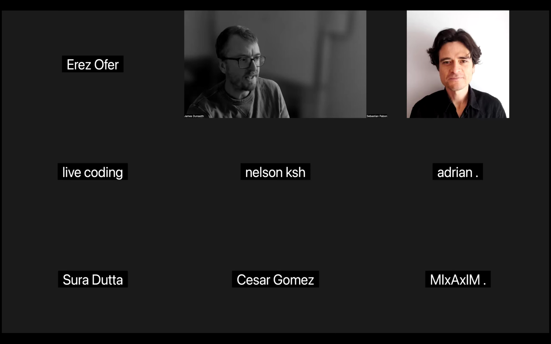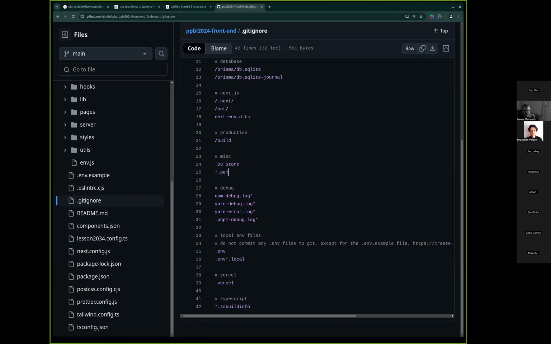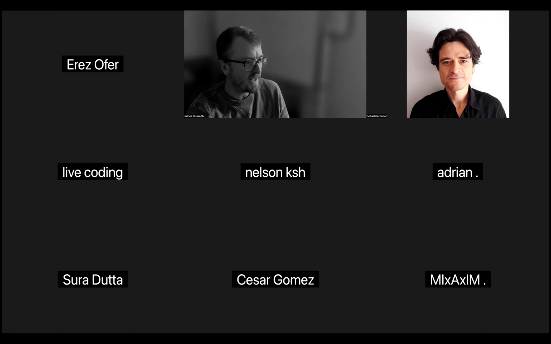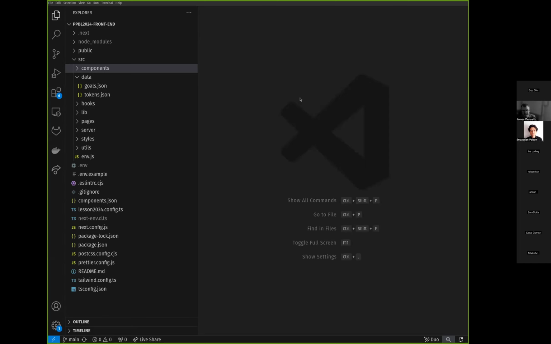So let me show you what this repo looks like in my VS Code. Here's VS Code. Nope. There's my browser again. Give me one more chance to do that. There it is. Okay. So here's this repo in VS Code. And you can see right here that I do have a .env file.